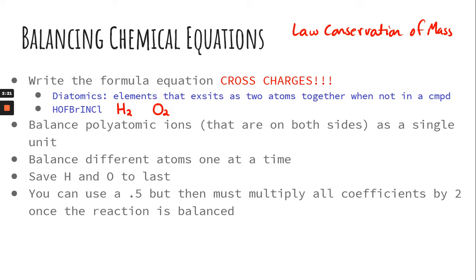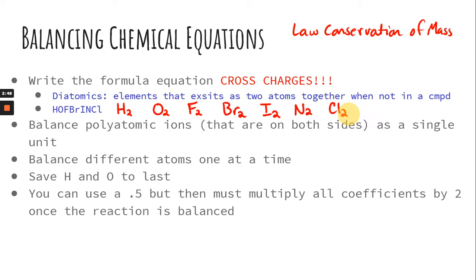Again, oxygen does not exist as a single atom, instead it's two oxygen atoms together. Then you have fluorine and bromine and iodine, nitrogen, and finally chlorine. So 7 diatomics. They exist in a pair of atoms when they are not in a compound.